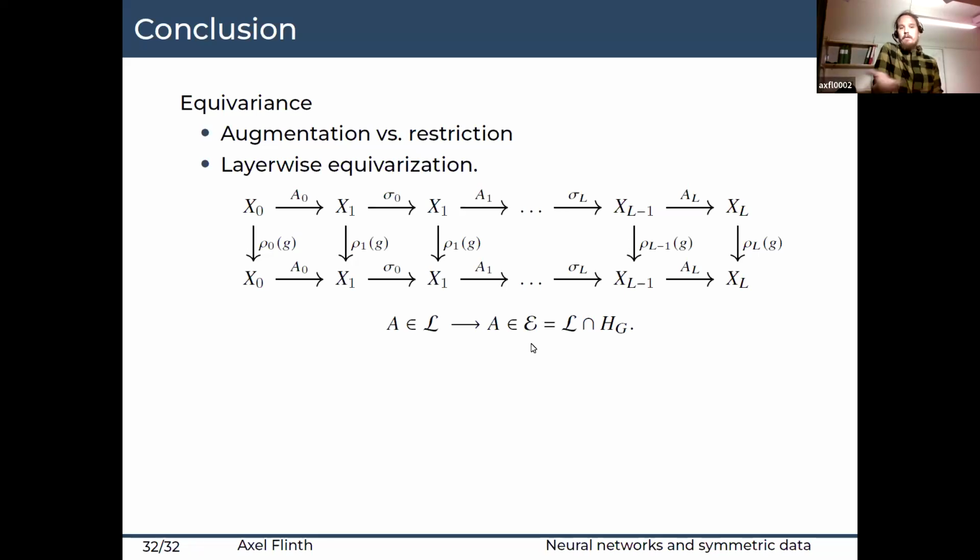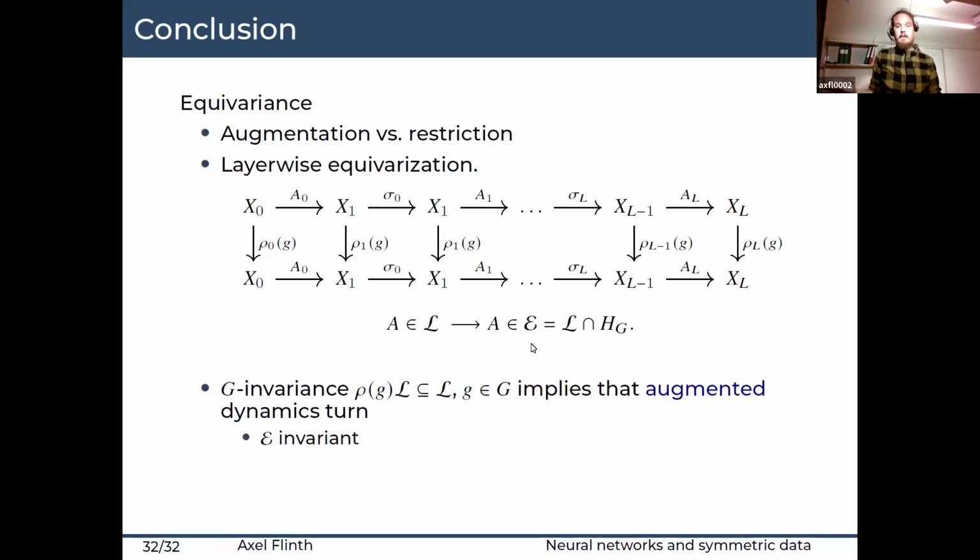We can do this for multilayer perceptrons, but we can also include more interesting examples by starting with weights confined to a space L. And the geometry of this space L plays a role. If it is invariant under this lifted representation, taking weights to transformed weights, a lot of nice things happen for the augmented dynamics.